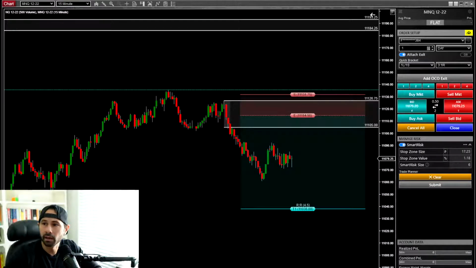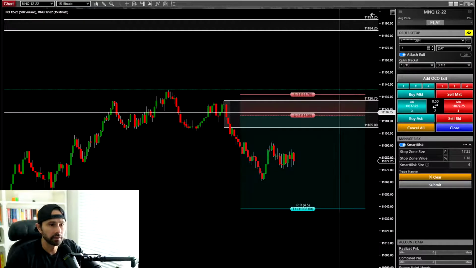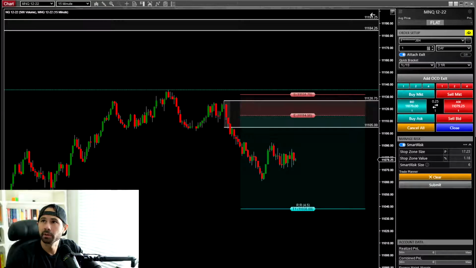If the ES is coming down out of the supply, I think 36.19 is a good area to start taking profits. Bond yields coming up. Nice. Let's see if we can have this retracement to the upside.